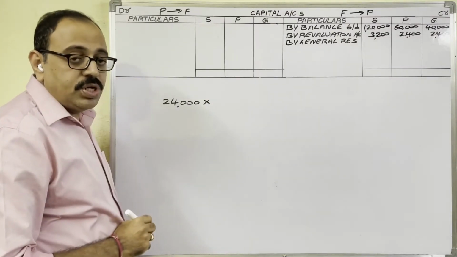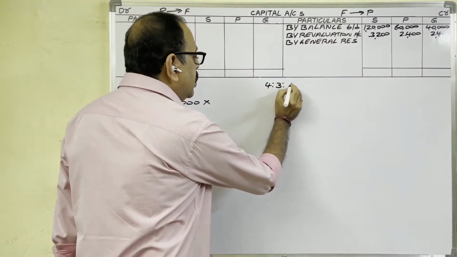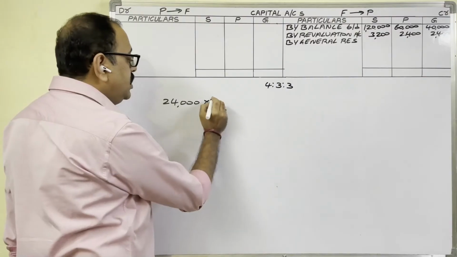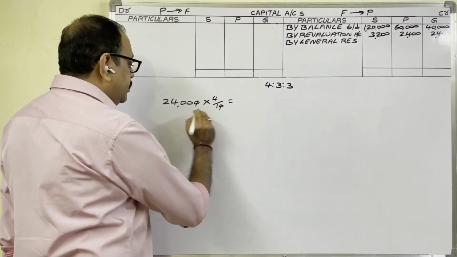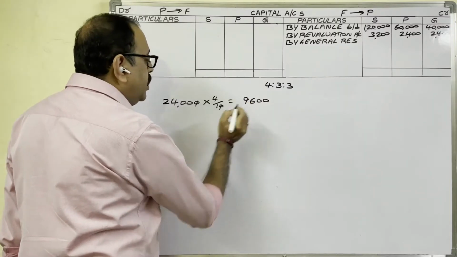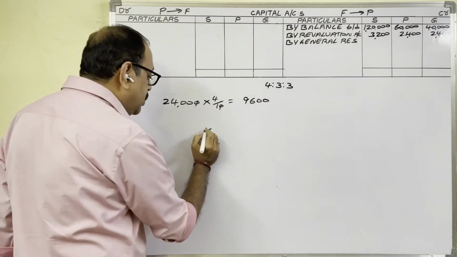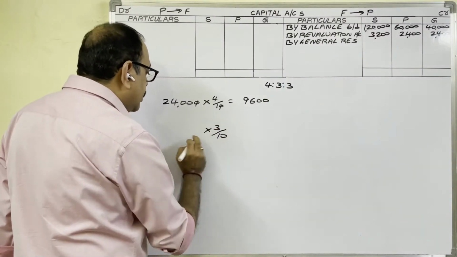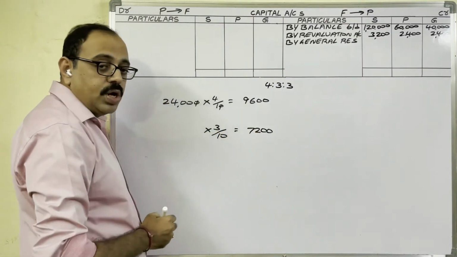In which ratio should we distribute? Old ratio, 4:3:3. So the first person S's share is 4/10 of 24,000, that is 9,600. Second person's share is 24,000 into 3/10, that is 2,400 into 3, which is 7,200.